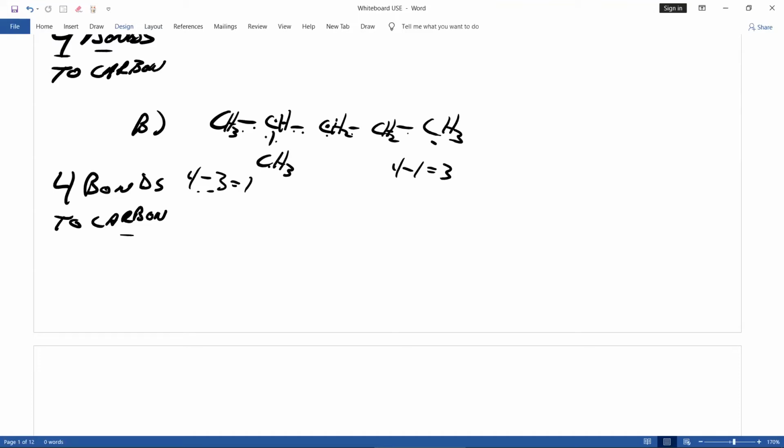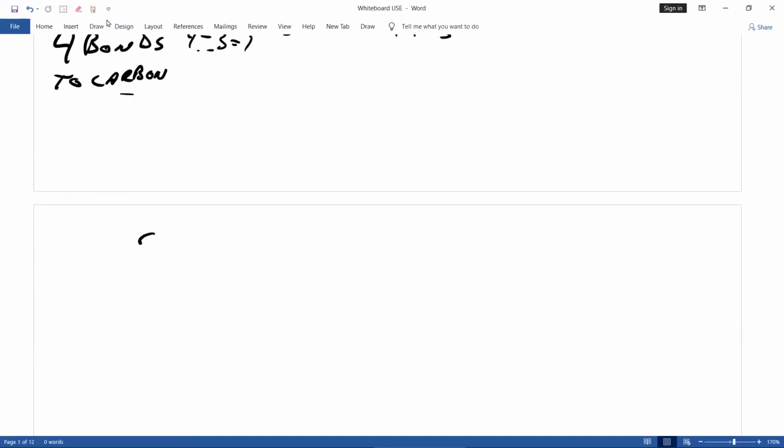These are a lot of fun. Ooh, that's going to be a lot of fun. So put in the hydrogens for that molecule.